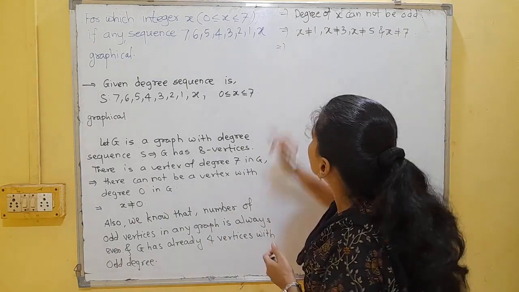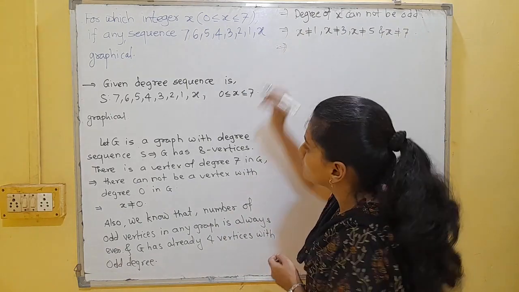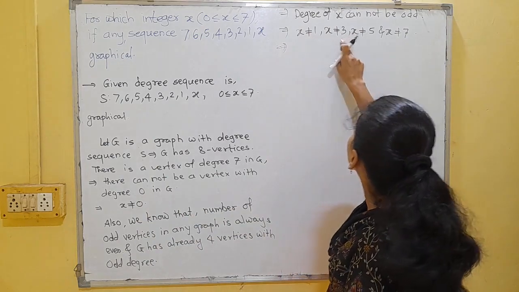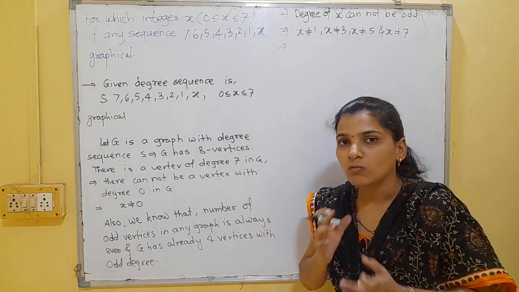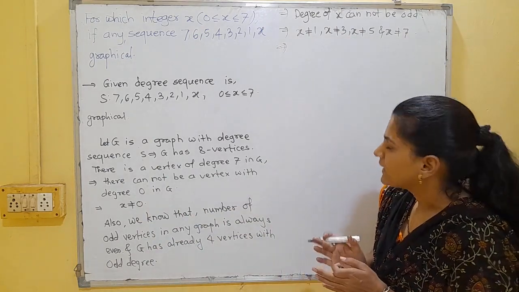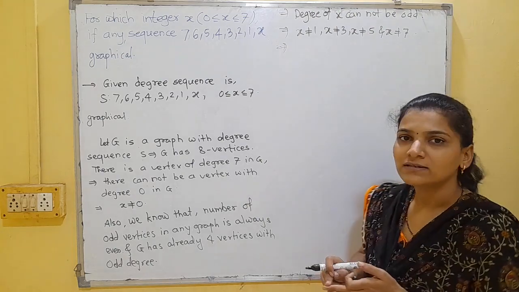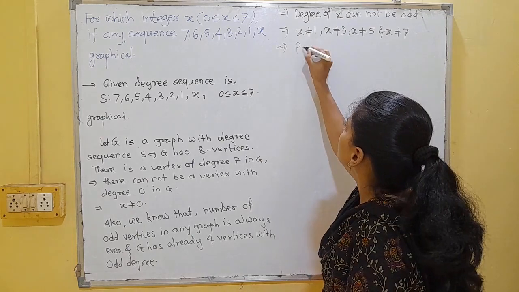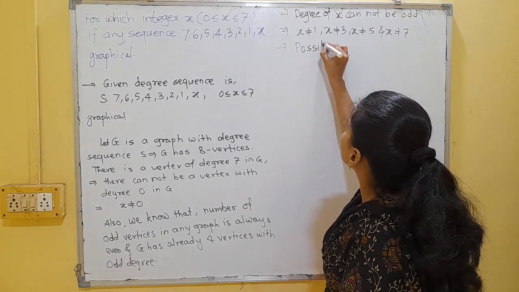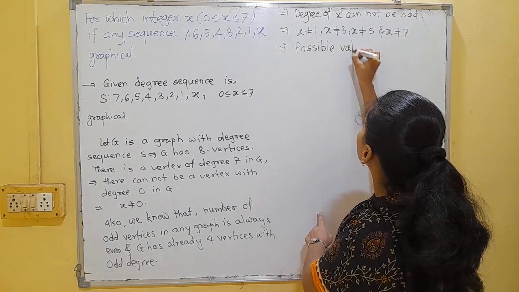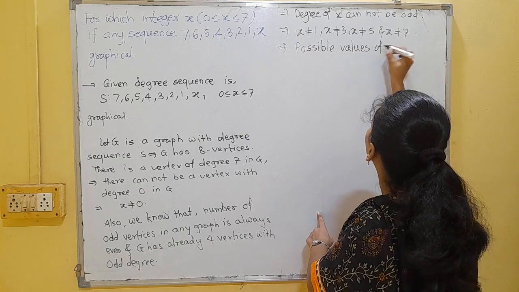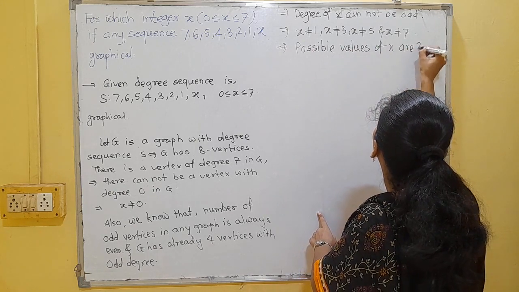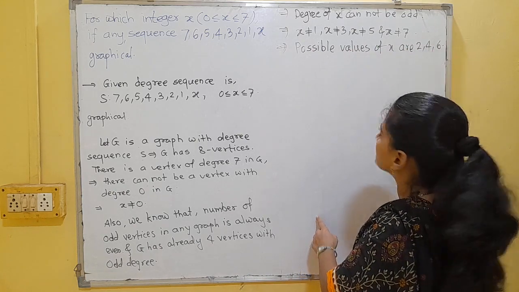So we have omitted x equal to 0, 1, 3, 5 and 7. So what are the possible values for x? 2, 4 and 6. The possible values of x are 2, 4 and 6.